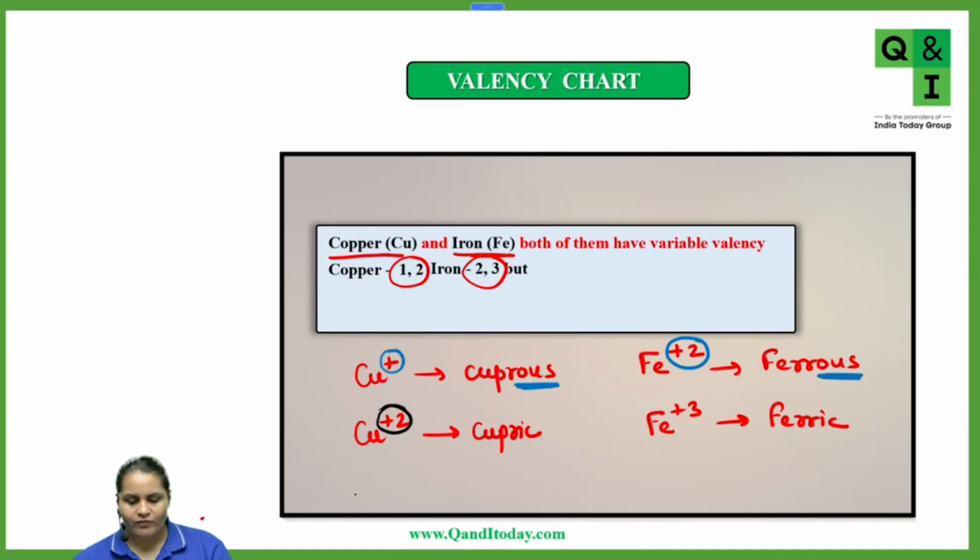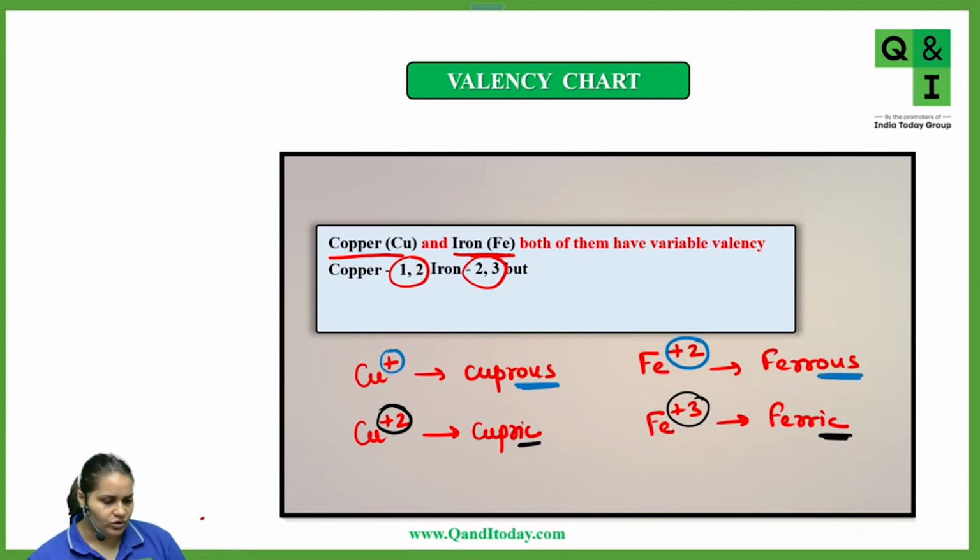Right? In case of copper, +2 is the higher valency, and in case of iron, the higher valency is +3. For the higher valency, we are using the suffix -ic. So that's why cuprous, cupric, ferrous, ferric. So for higher valency, we use the suffix -ic, and for lower valency, -ous.